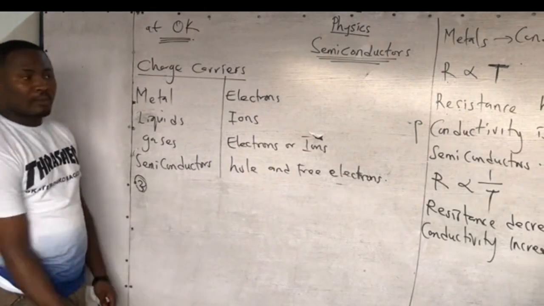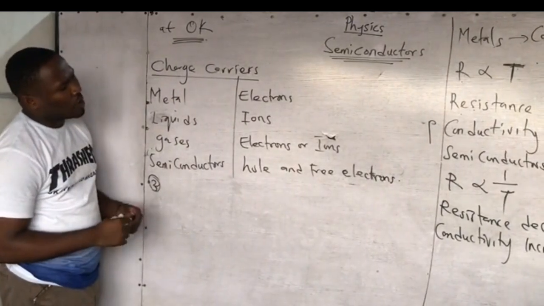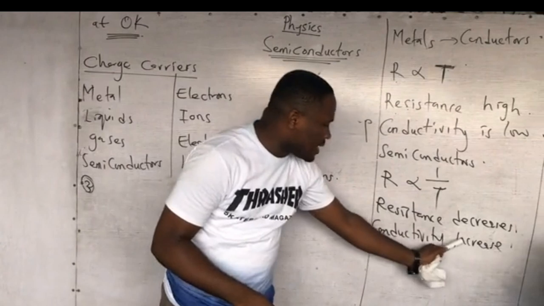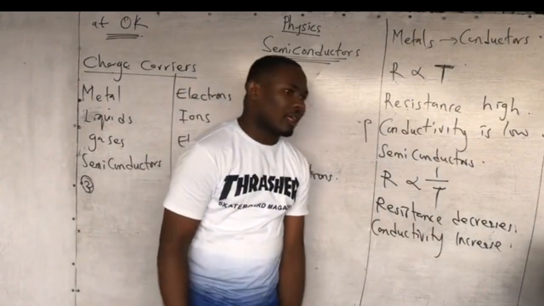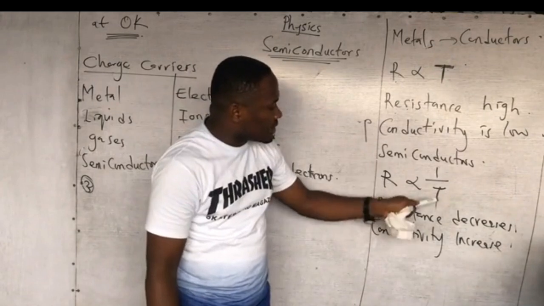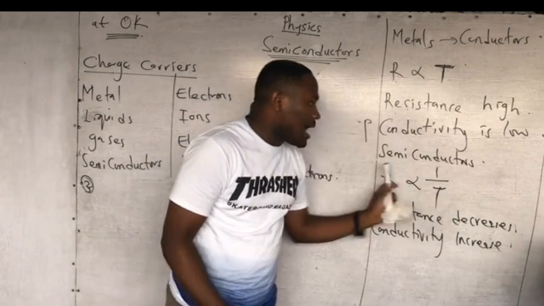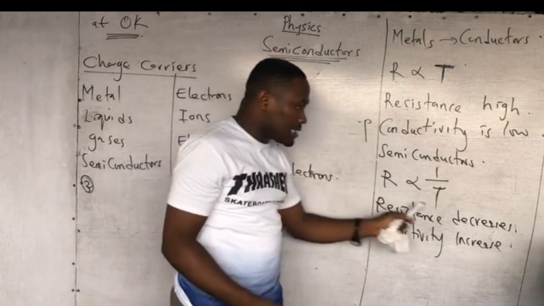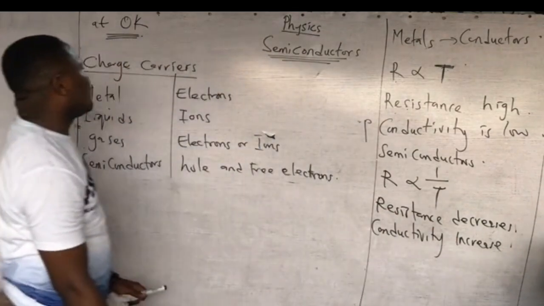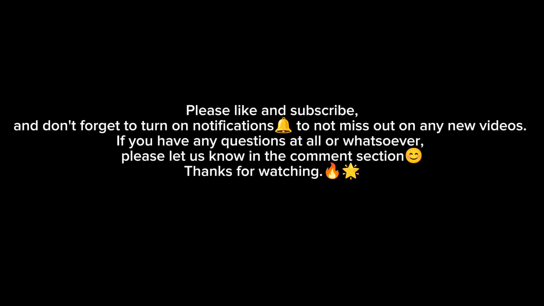Another property is that conductivity increases with an increase in temperature: as temperature increases, resistance decreases, and conductivity increases. That's very, very important to know about a semiconductor.